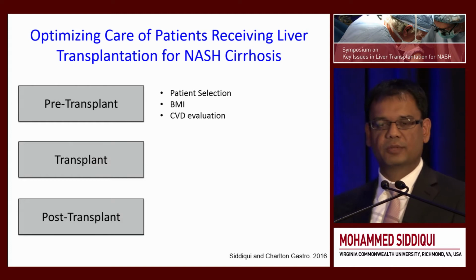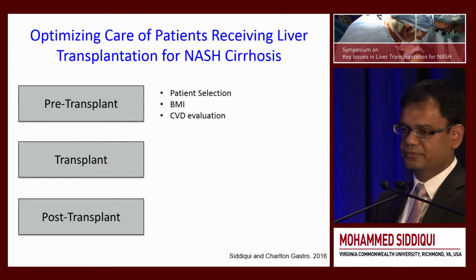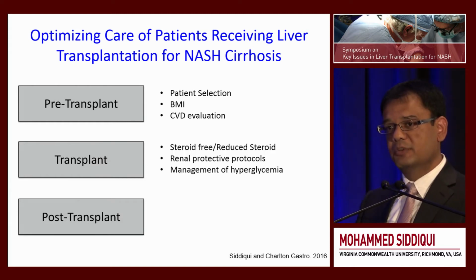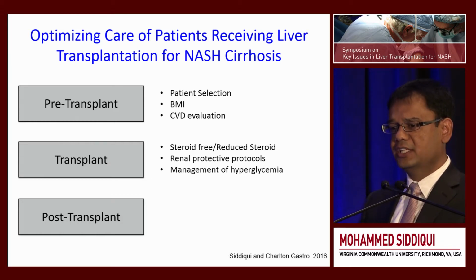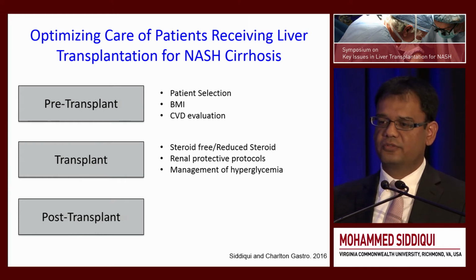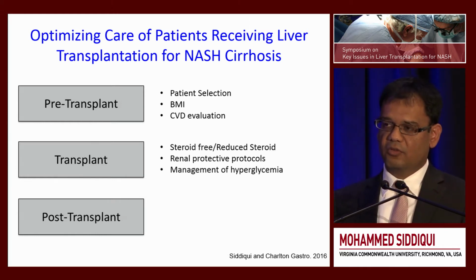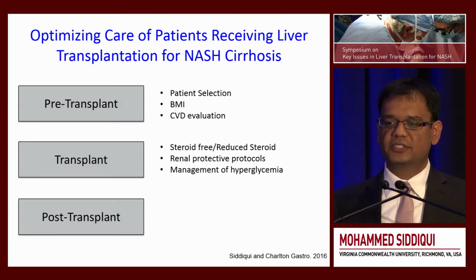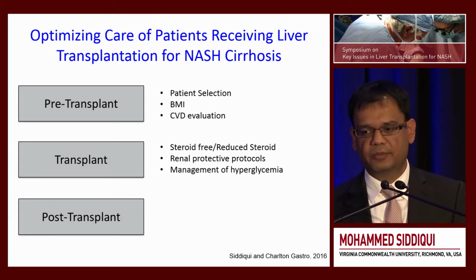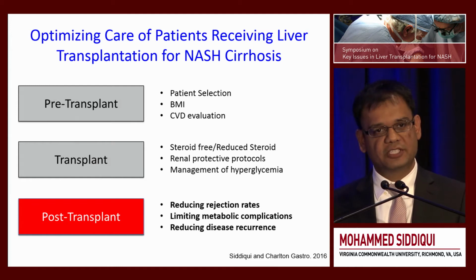Actually, likely it's not going to do well before transplant, but that's beside the point. Then there are strategies at the time of transplant that can be done to minimize complications associated with transplantation. And these focus on using steroid-free or reduced steroid regimens, renal protective protocols, and management of hyperglycemia. However, the focus of this talk is not pre- and peri-transplant management, it's the post-transplant management.